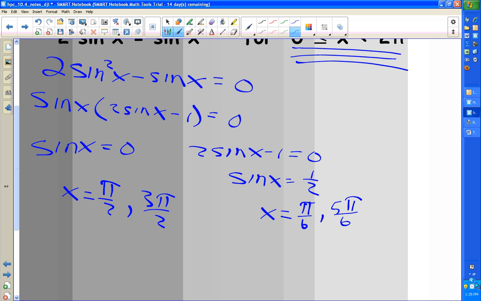So we have a correction. For sine x equals 0, you don't like these answers. Because what's the order of the coordinates on the points in the unit circle? Cosine comma sine. We want to know where the sine is 0.